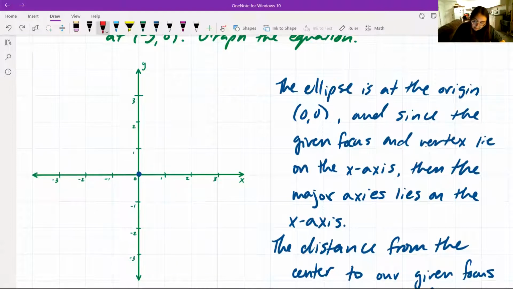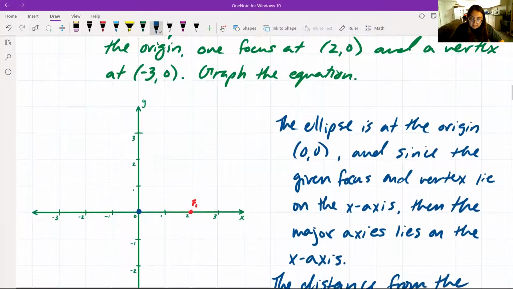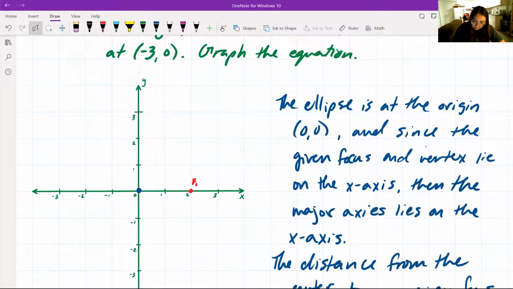And actually, let's go ahead and mark this in red. And our vertex is at -3, 0, and we'll label this V2. Actually, we'll reverse this. We'll say this is V1 and this is going to be F2.